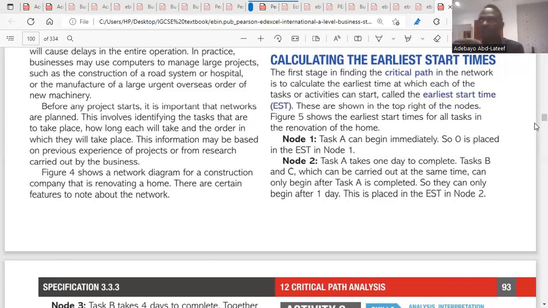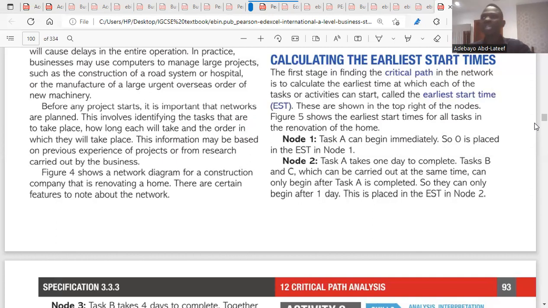There's a task A before task B. So if we need to calculate the LFT for task B, we have to calculate it by saying the LFT at task B minus the time taken to finish task A. That will give you the LFT. That means the time at which there will be a delay that would not affect the project is calculated by taking the LFT at the node of task B minus the time it takes for task A.